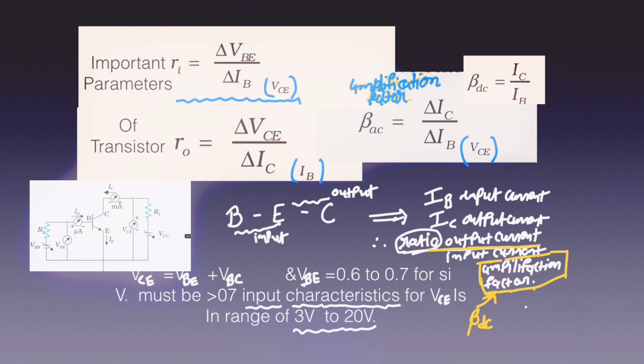And the current amplification factor beta AC is equal to delta IC by delta IB; the ratio of collector current and base current is known as the current amplification factor. And when we take IB as 0, IC will also be 0. Therefore, at that time, beta AC will be equal to beta DC.